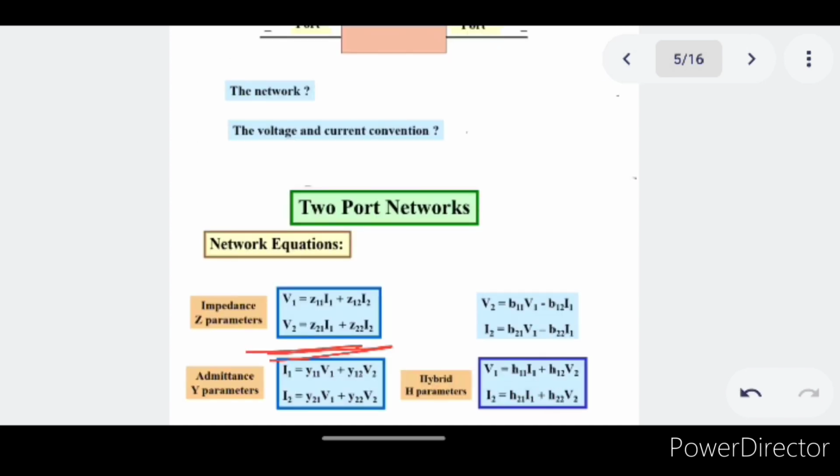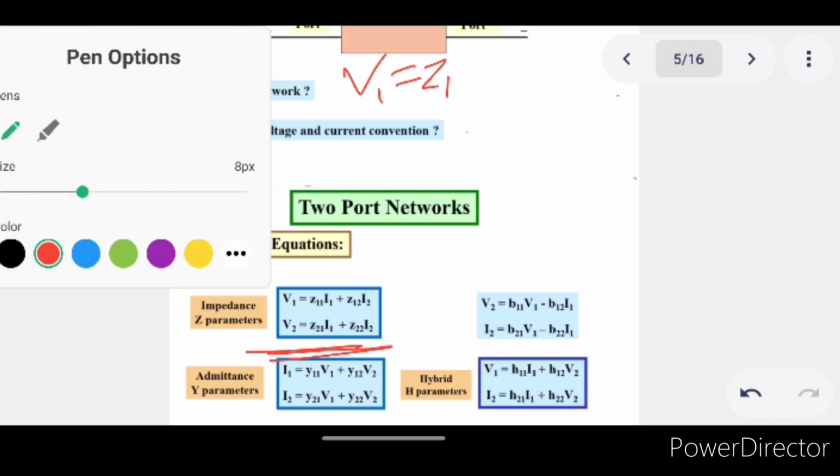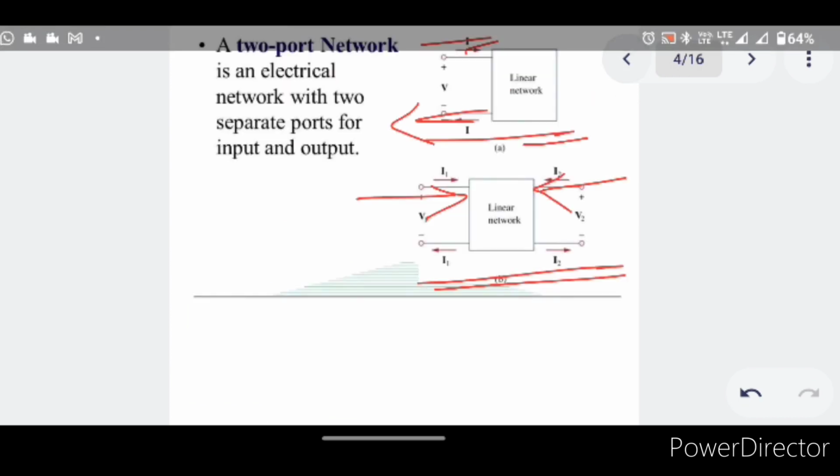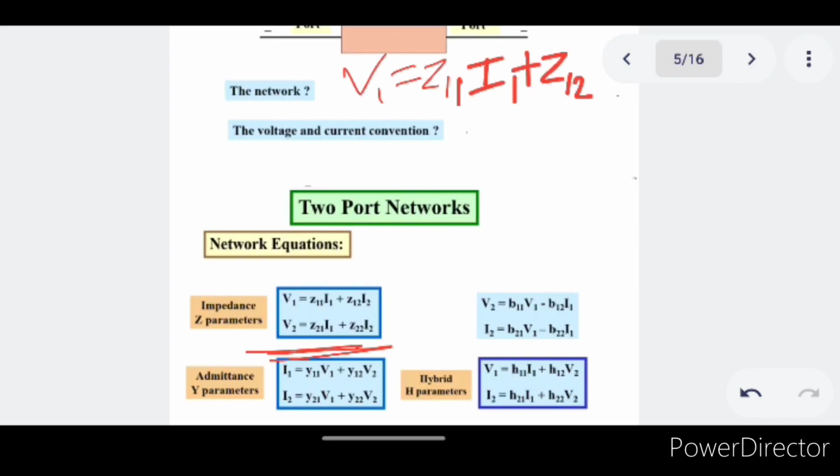Now V1 is equal to Z11 I1 plus Z12 I2. Now consider this in the equation. Here in the LHS we have voltage.